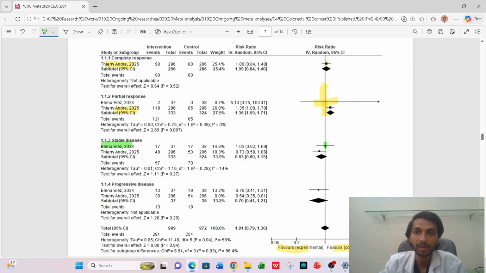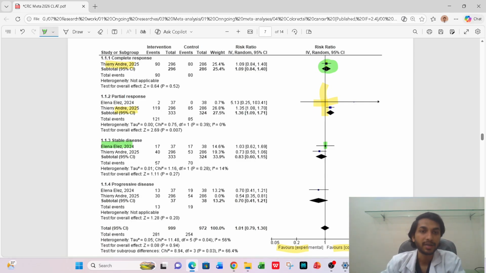There are subgroup analyses like here, and there is a total. In this complete response there is only one study applicable out of 3, and there would be the complete analysis or the overall result. You can see the diamond, which is the main result of all the subgroup analyses, and the diamond size is proportional to the sample size.